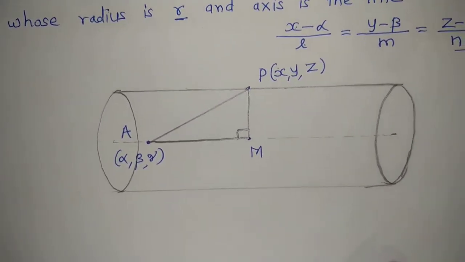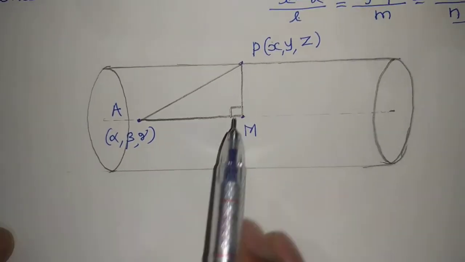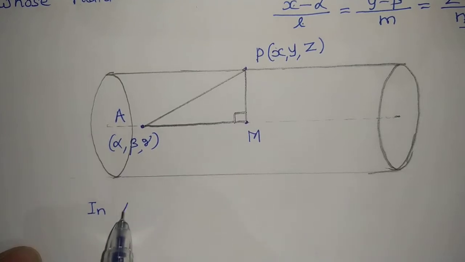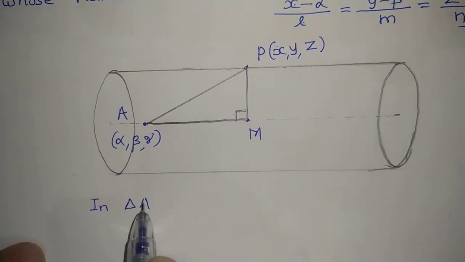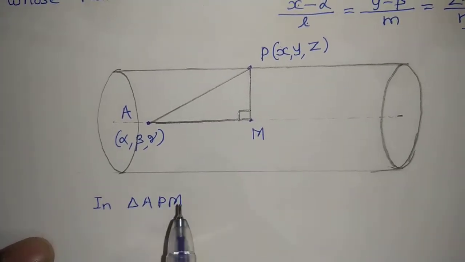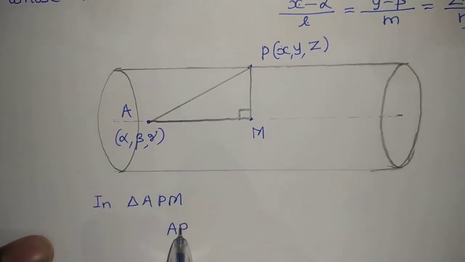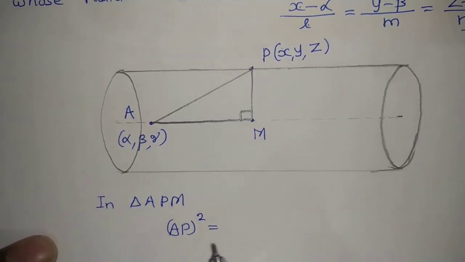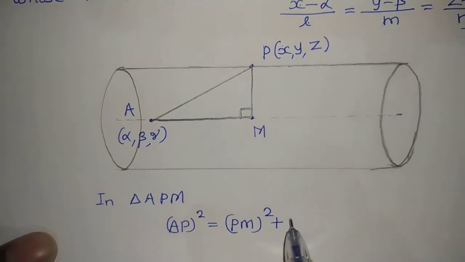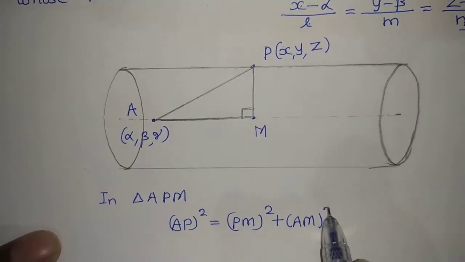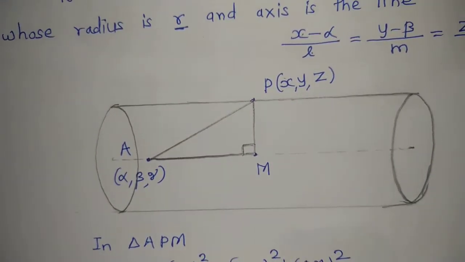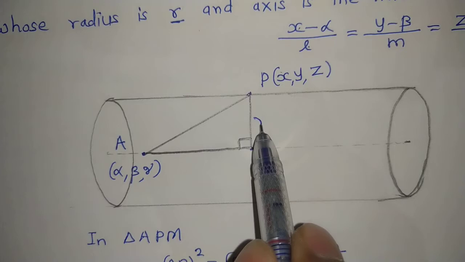Now let us refer to this right angle triangle APM. You know what Pythagoras theorem is: AP square is equal to PM square plus AM square. Now, PM is the radius, which is given as r.